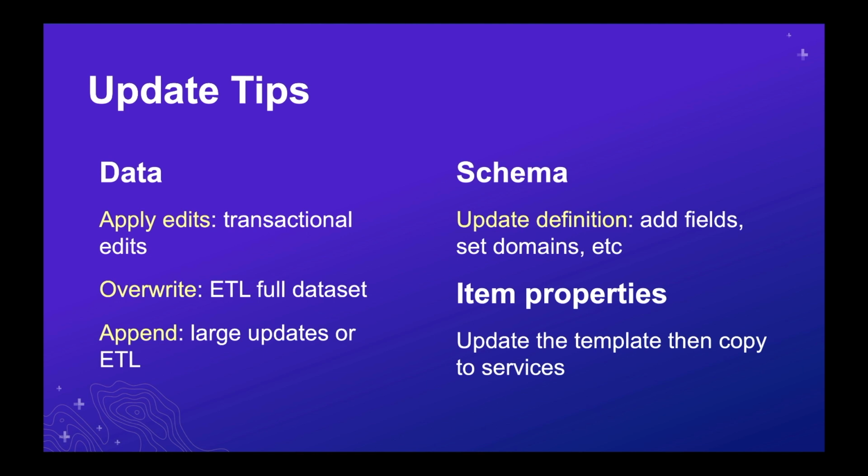And then the last one is to update item properties. Generally, I would recommend editing the template item first in the UI so that all the changes are made appropriately, and then copying whatever is outputted and saved into that item template into the services you've already distributed.